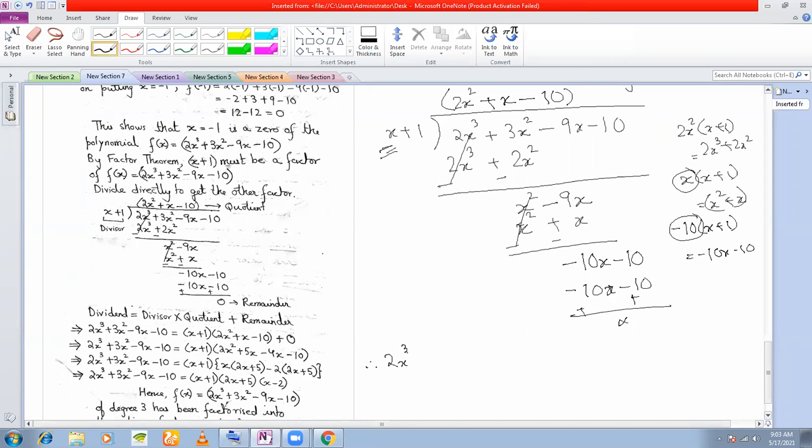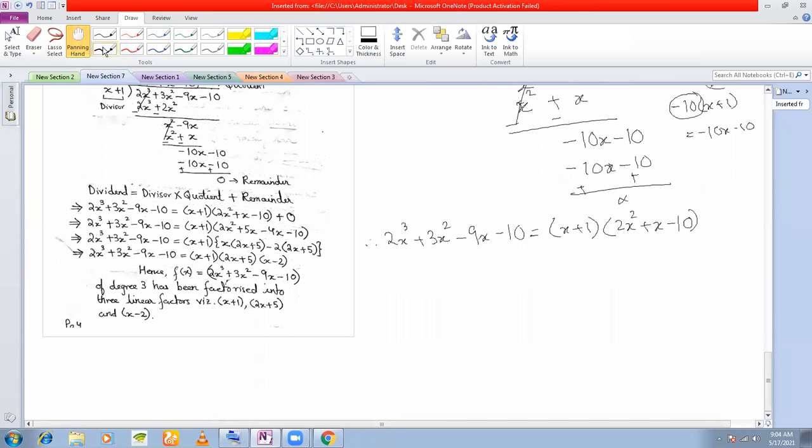Therefore, you can write 2x cube plus 3x square minus 9x minus 10 is the product of x plus 1 and the quotient 2x square plus x minus 10. Now you can split the second one, 2x square plus x minus 10, into two factors also by middle term.